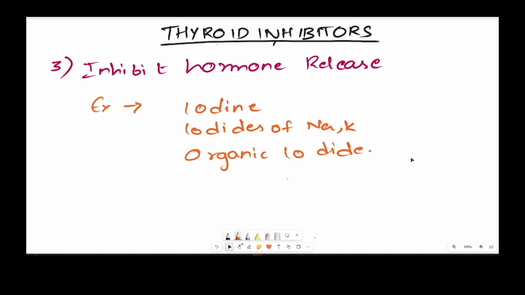So the sodium and potassium will be blocking the gate, and the organic iodides will hold the line. So you will be remembering all these three drugs. One is iodine, iodides of sodium and potassium, and the other one is organic iodide. So that is about the third class.